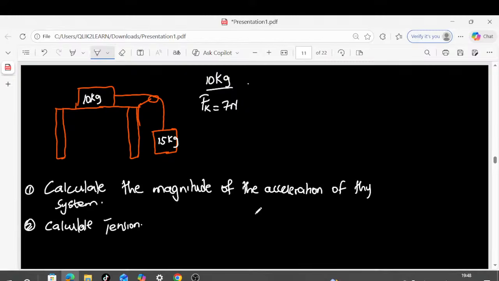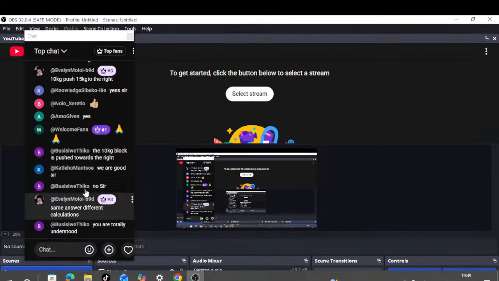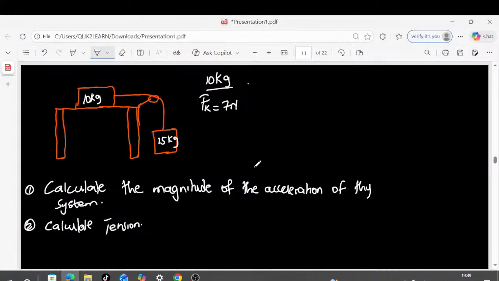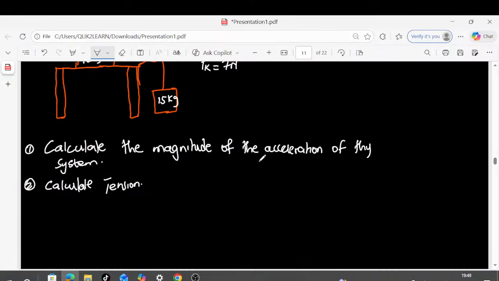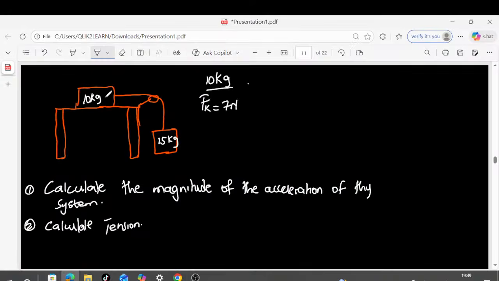Right, let's do this. First thing first, remember what is important: the free body diagram. We need to find the free body diagram. Let's start with the 10 kg block. We need to indicate the horizontal forces. I'm going to have a tensional force going in that direction, and a friction going in the other direction.